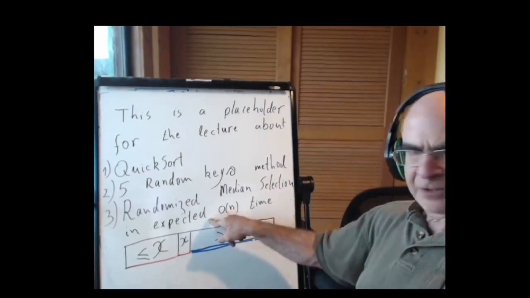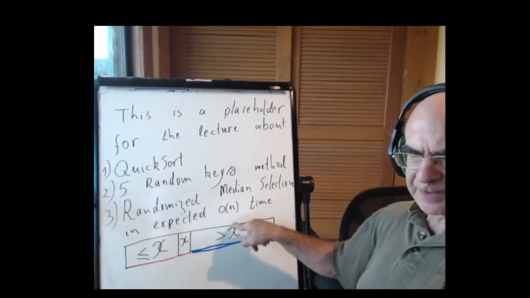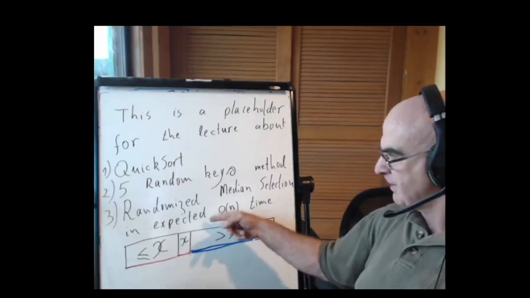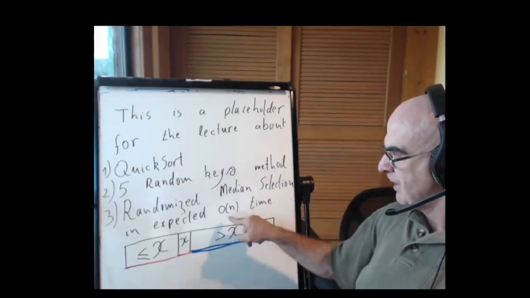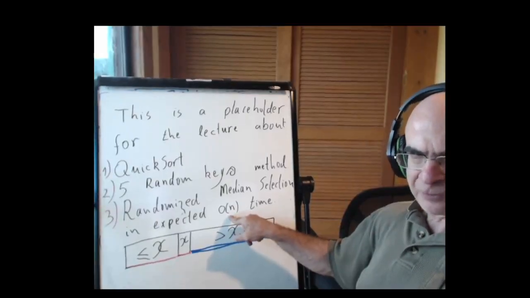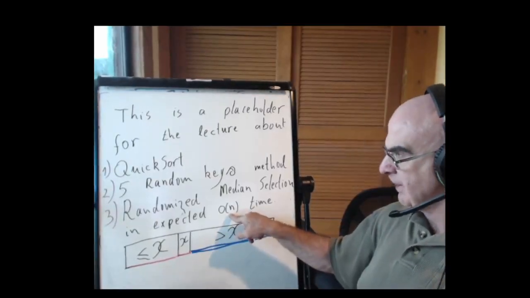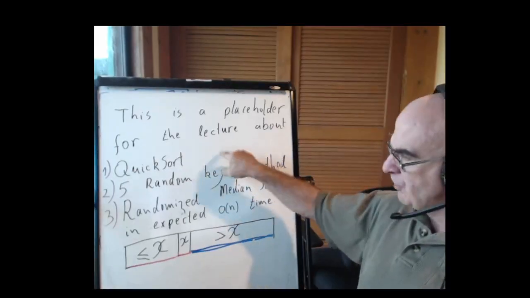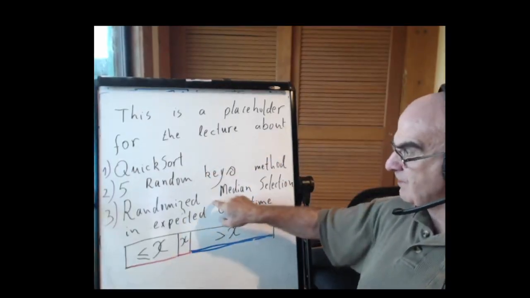It's expected because its worst case is also n squared, just as Quicksort. However, its expected time, as opposed to Quicksort, is only linear. Why does this miracle happen? Well, watch the video, but essentially there is a great amount of similarity between Quicksort and randomized median selection.